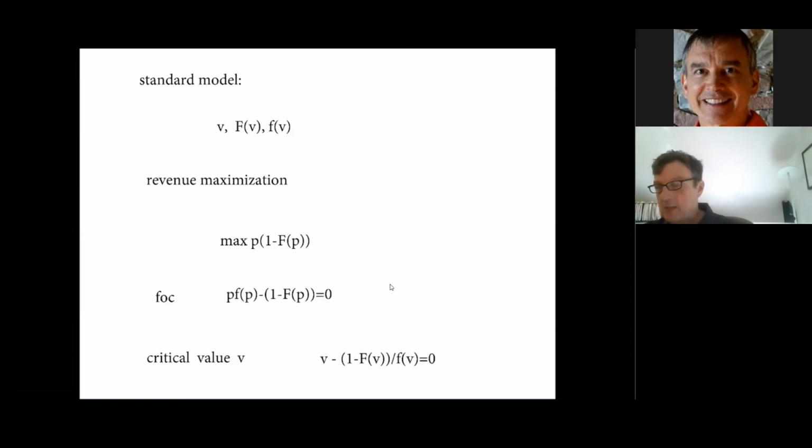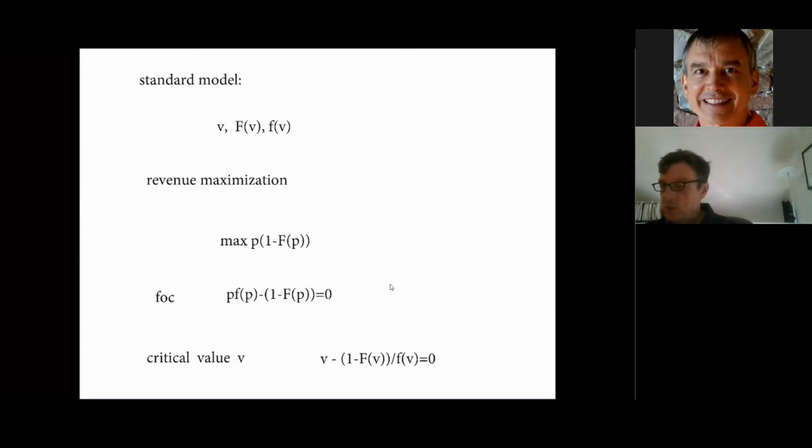It's precisely 1 minus capital F of P. This trade-off between attracting a marginal buyer and losing revenue on the inframarginal buyers, I want to solve optimally at the first order condition. Therefore, I'm looking to find the critical valuation V where this first order condition is just satisfied.